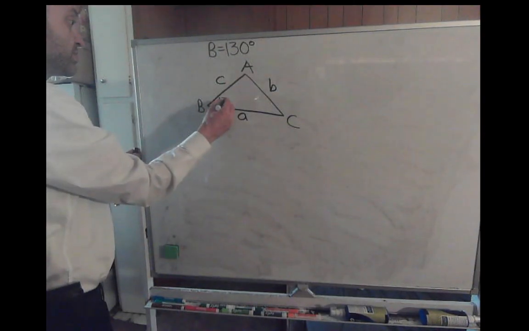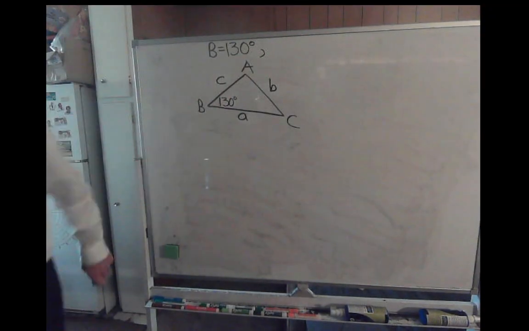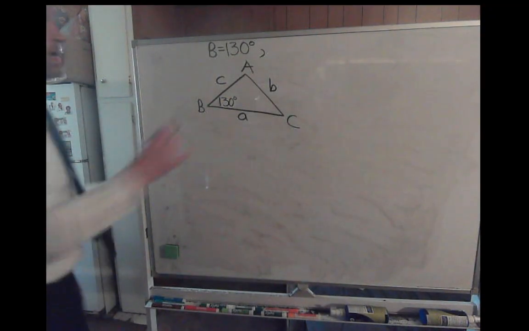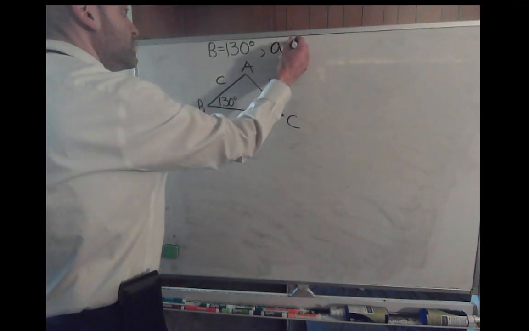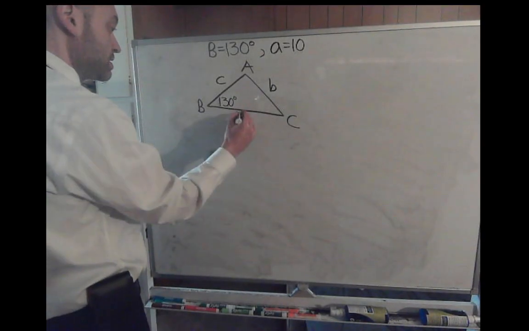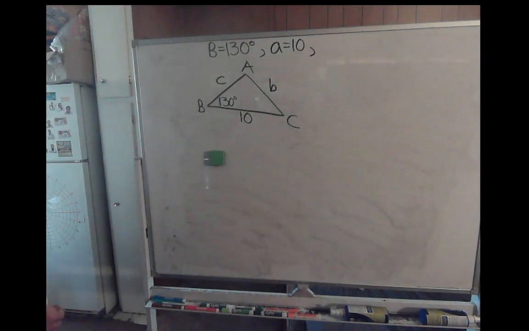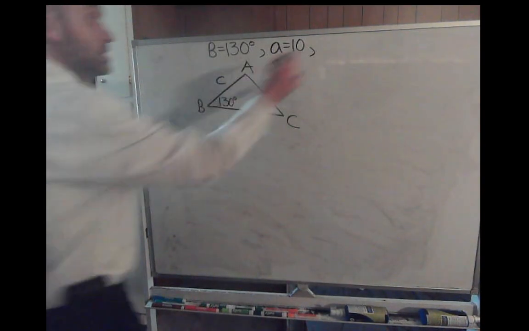So here's 130. What else do we know in this case? A has a length of 10. And then what else? B has a length of 8.